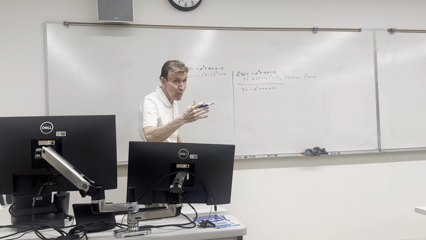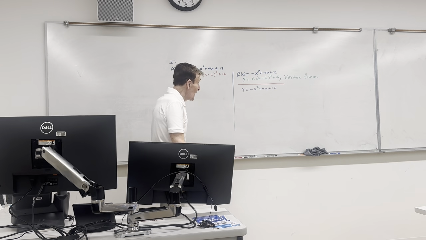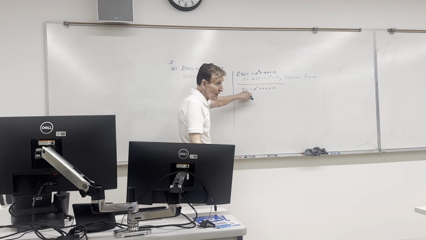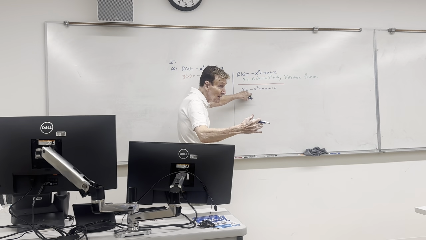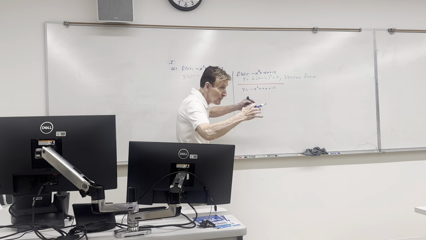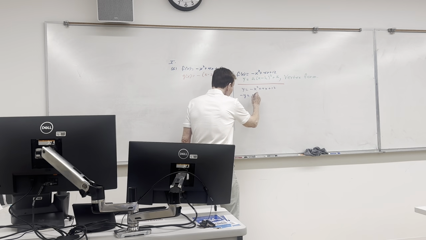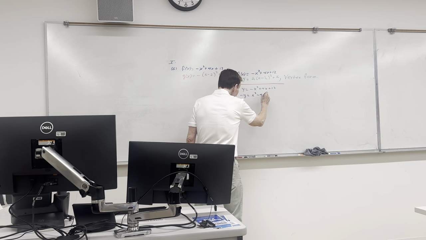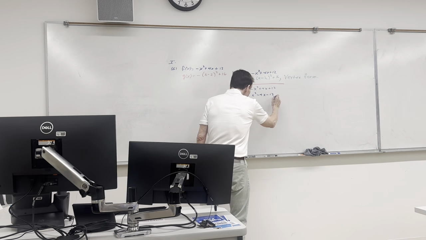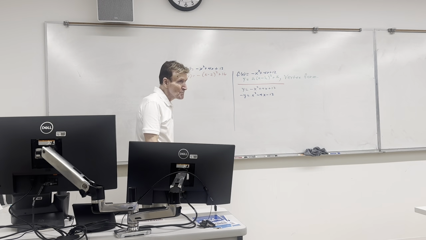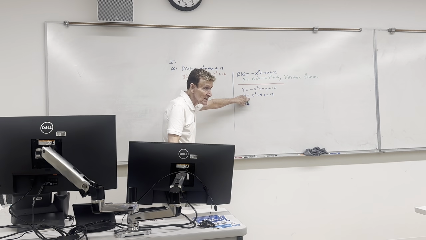I know it's been quite a while since we've had a completion of the square. The leading coefficient should be a 1 for completion of the square. It's not, it's a negative. I can make it a 1, divide or multiply by a negative. I'm going to quickly change this in order to make my leading coefficient a 1. Therefore, my leading coefficient is a 1.